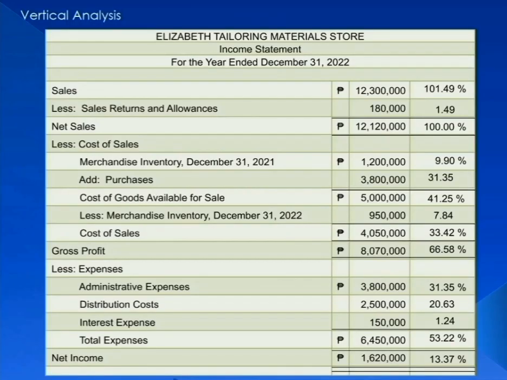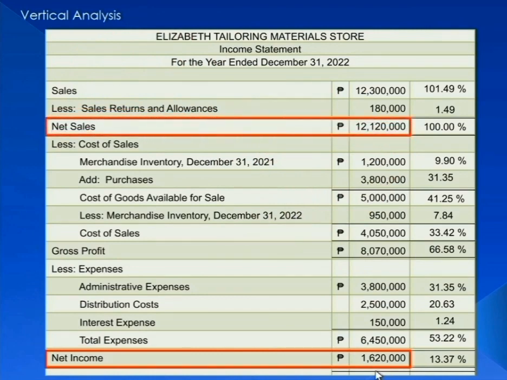For Elizabeth Materials Tailoring Store, the bottom line of its income statement is the net profit or net income amounting to 1,620,000.